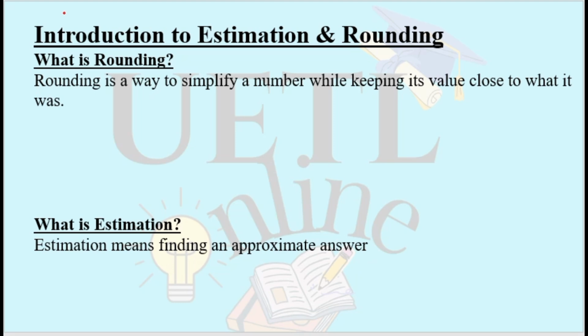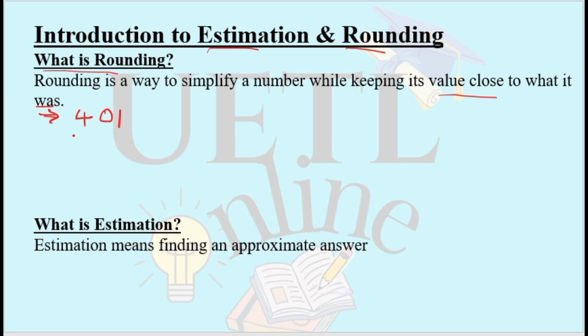Now let's talk about the introduction to estimation and rounding. We're going to see what rounding is. Rounding is a way of simplifying a number while keeping its value close to what it was. Let's say you have a number which is 401.